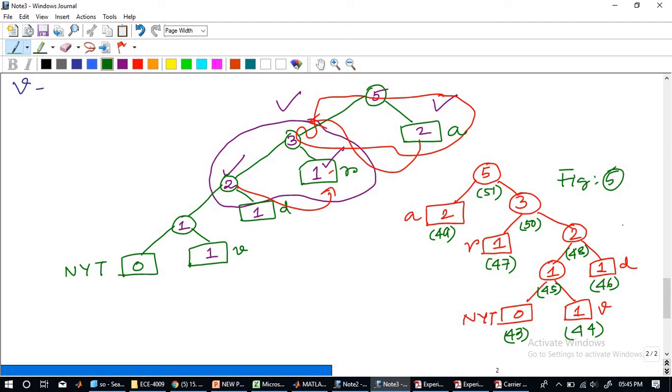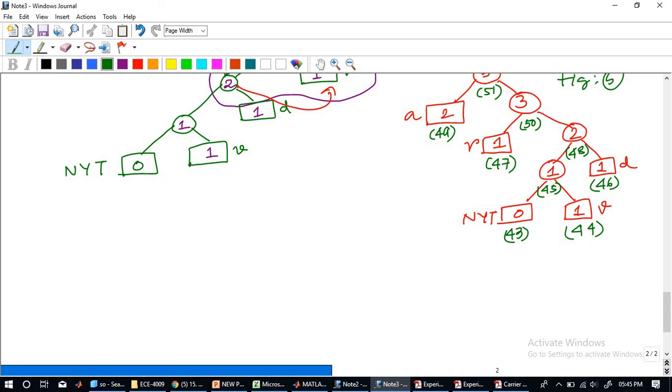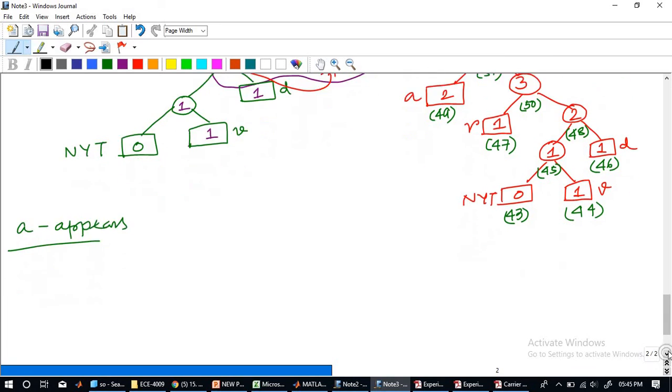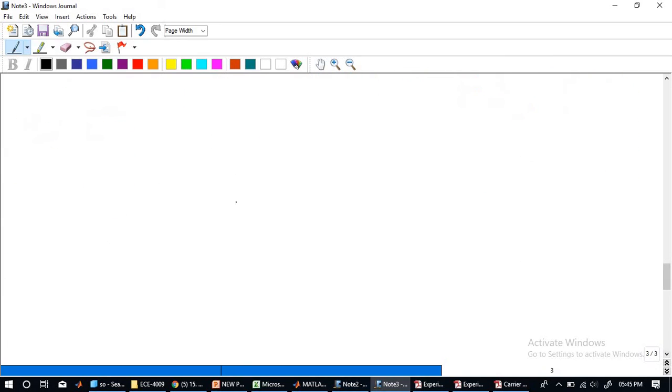Okay, so if you have this figure 5 and now A appears once again, can anyone give me the pattern by starting from NYT? Okay, let me just write once.